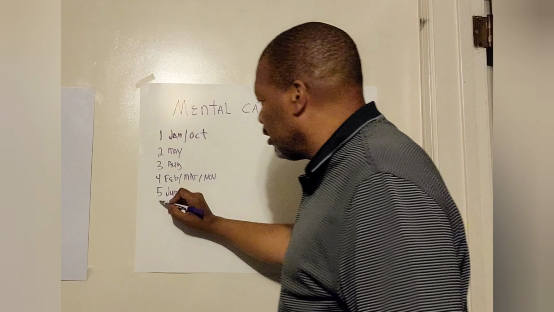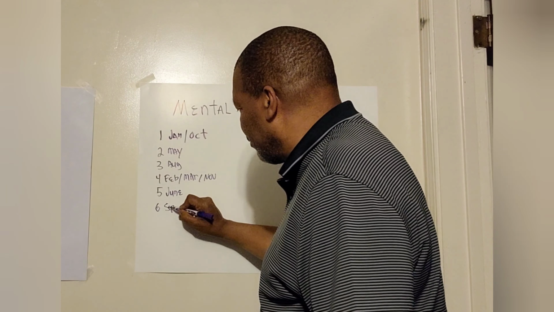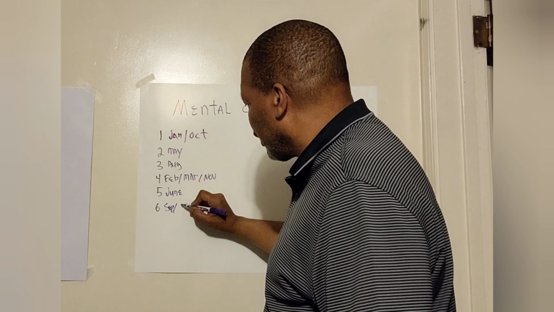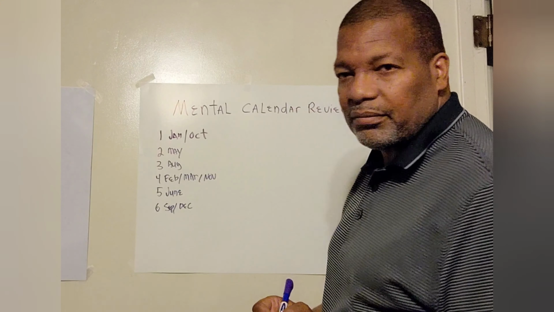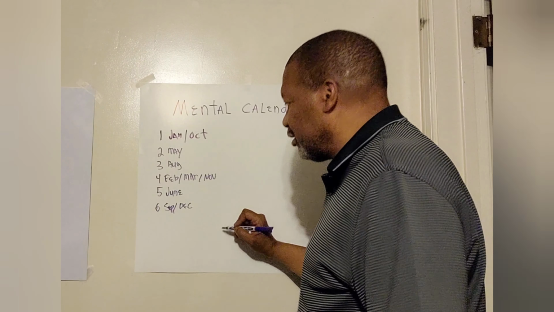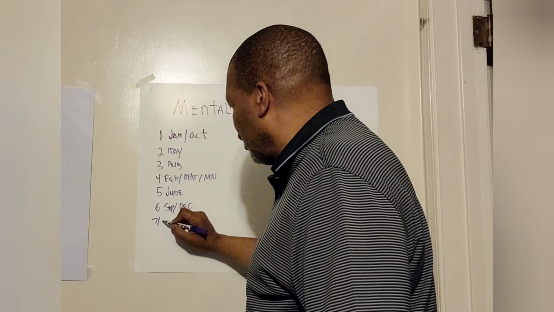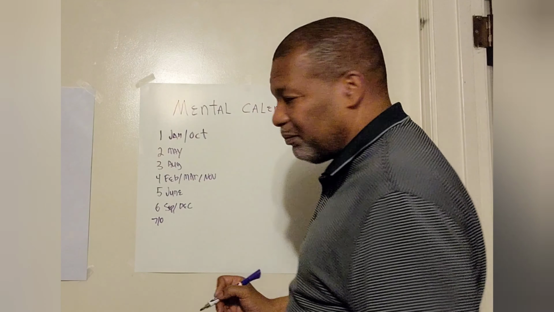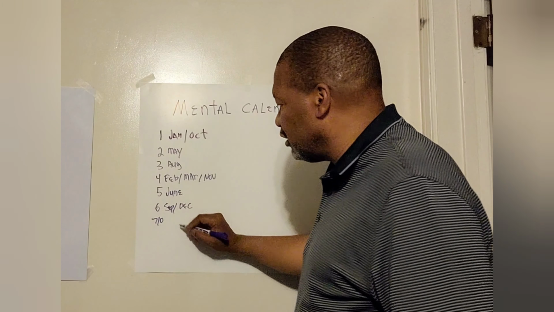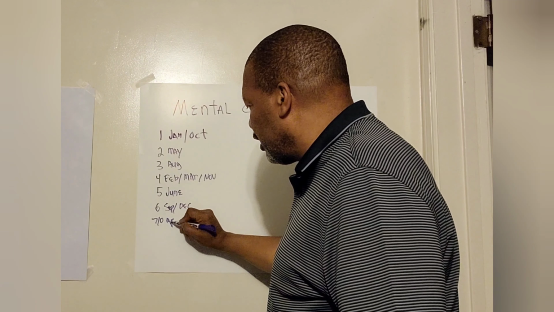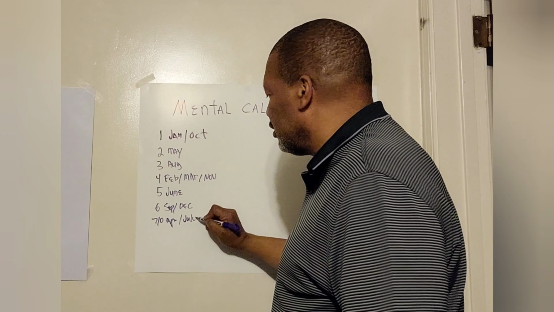The number 6 is for September and December. And the number 7 or 0, which means it's either complete or nothing left, is for April and for July.